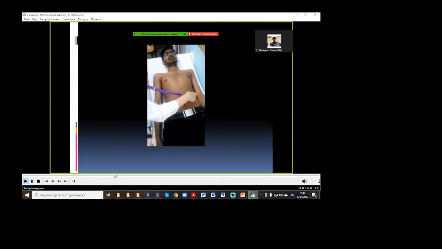Normally we don't hear any murmurs, only peristalsis. Aorta, by listening at the epigastric region. Also, no murmurs. This is normal.